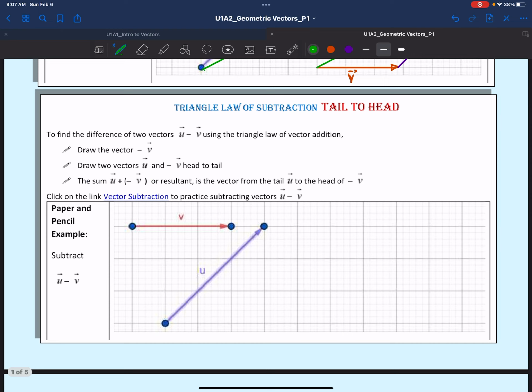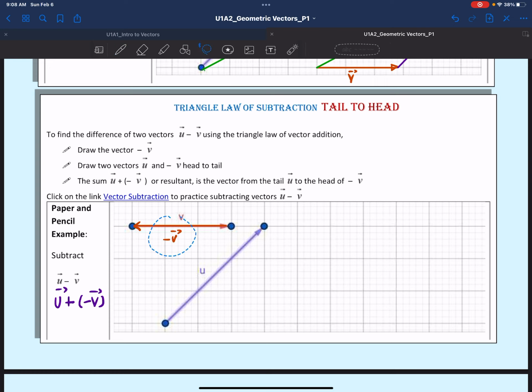Now, in a similar way, we're going to practice how to subtract two vectors. There is only one little extra step that we need to follow here. If we are finding the difference u minus v, we want to do this as the sum u plus negative v. Therefore, we're going to start off by drawing the vector negative v first. If this is vector v, vector negative v will be the exact same but pointing in the opposite direction. So let me draw this here. This would be vector negative v.